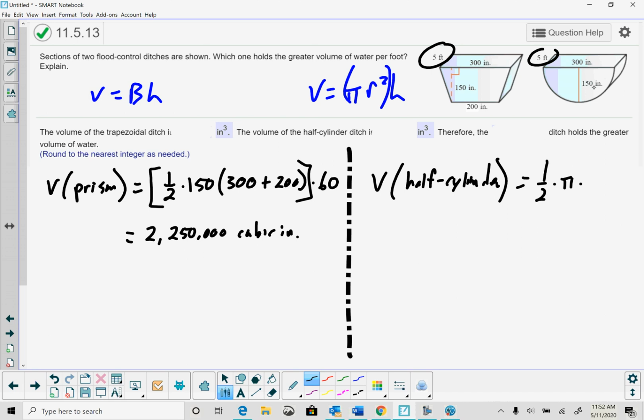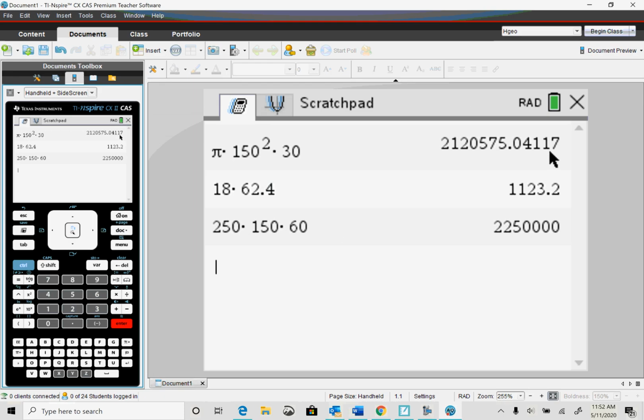Pi times, to me, it shows the radius is 150, square that, times the same perpendicular distance between the semicircle bases, which is again 60. Again, no order of operations here. Everything is equal priority, so I can take half of the 60. That'd be 30.